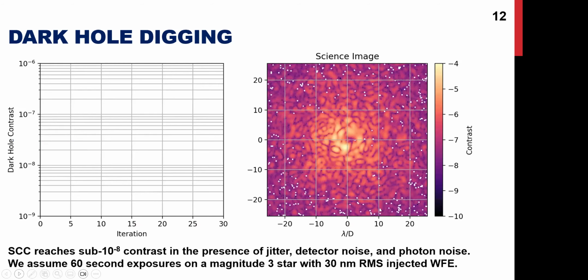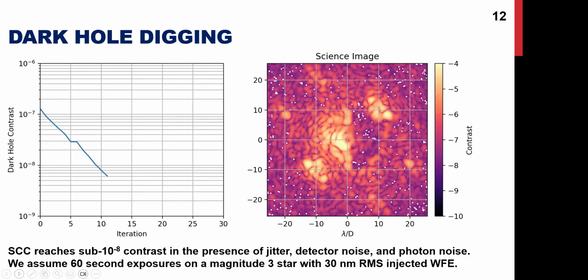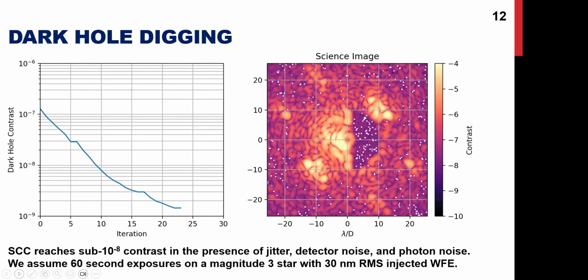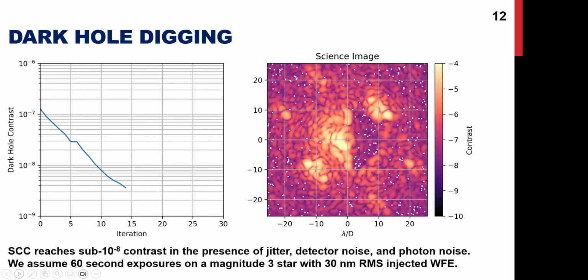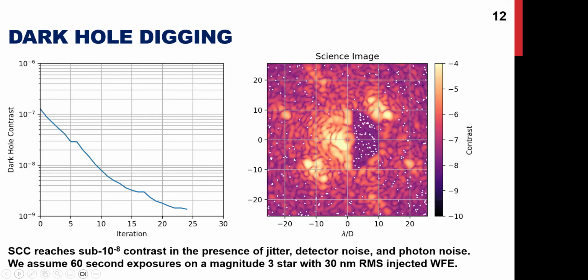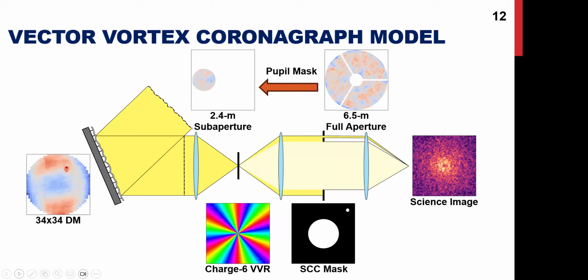I was also thinking about this 30 nanometers of injected wavefront error, that is static. That is the static wavefront error coming from the optic surfaces. And then on top of that, I add the corrected wavefront error coming from the telescope. And then I assume it's static.